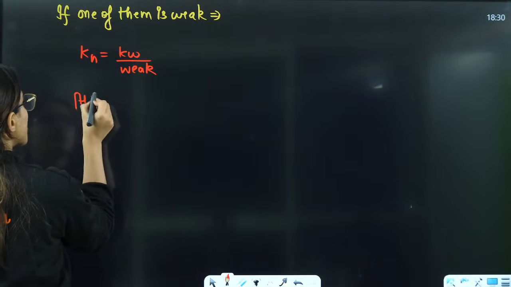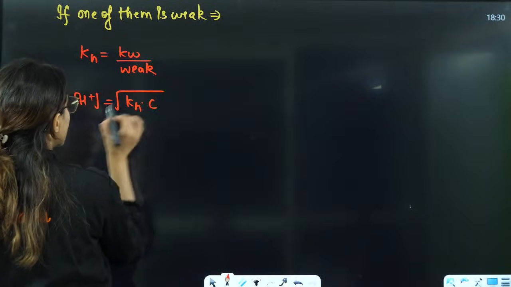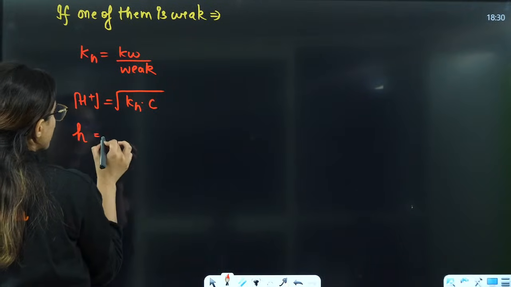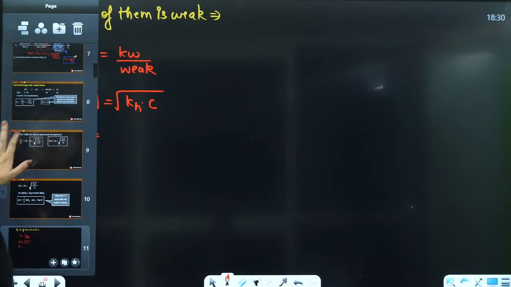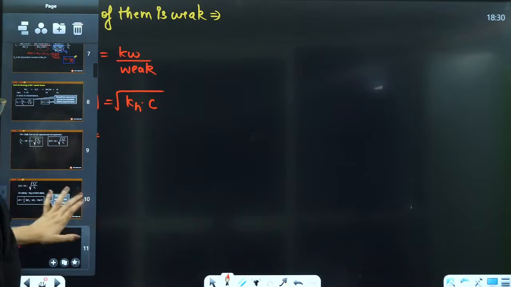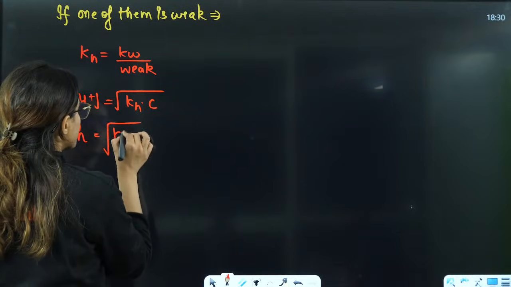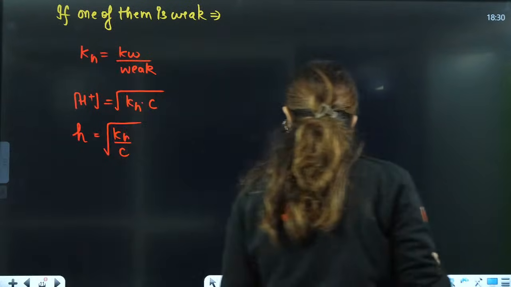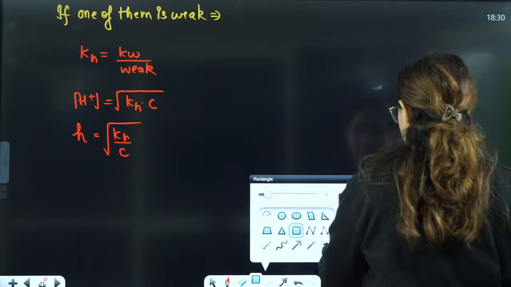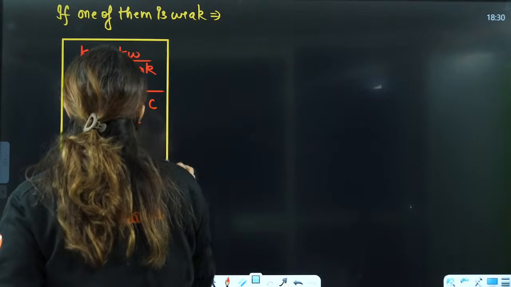H positive is always equal to under root of Kh into C, and h is equal to under root of Kh by C. Okay, that's it. These are the three things that you need to remember.